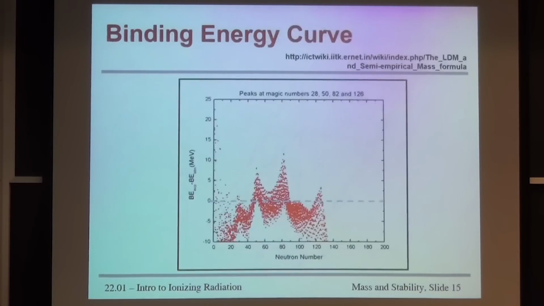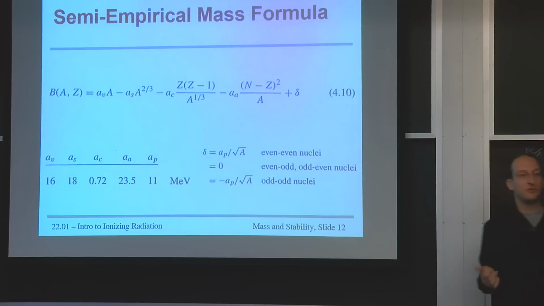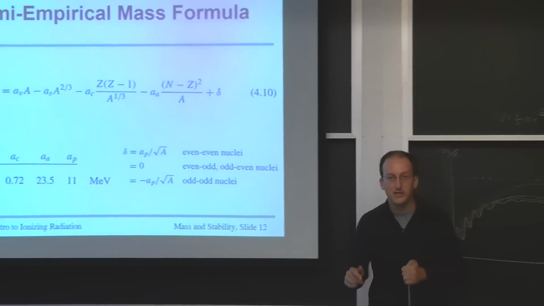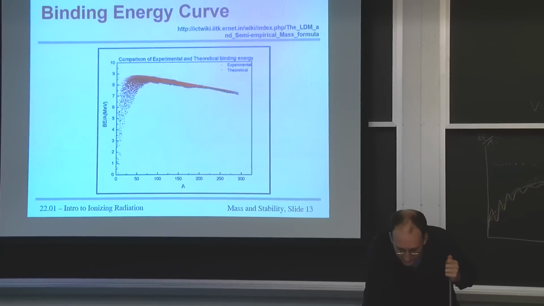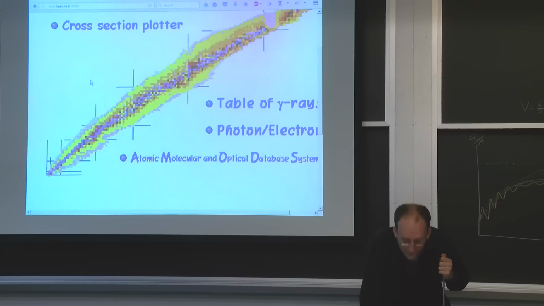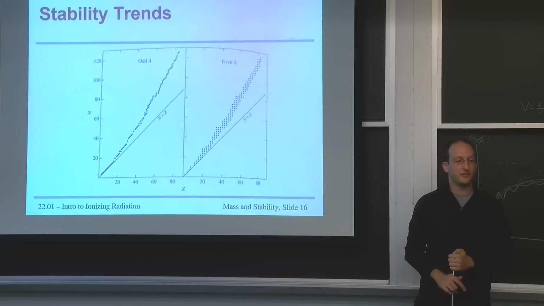If I jump back to our semi-empirical mass formula, notice that this binding energy goes up for even nuclei. So when there's an even number of protons and an even number of neutrons, the semi-empirical mass formula does predict an increase in stability, which you can actually see on the table of nuclides and on this sort of stability trend.